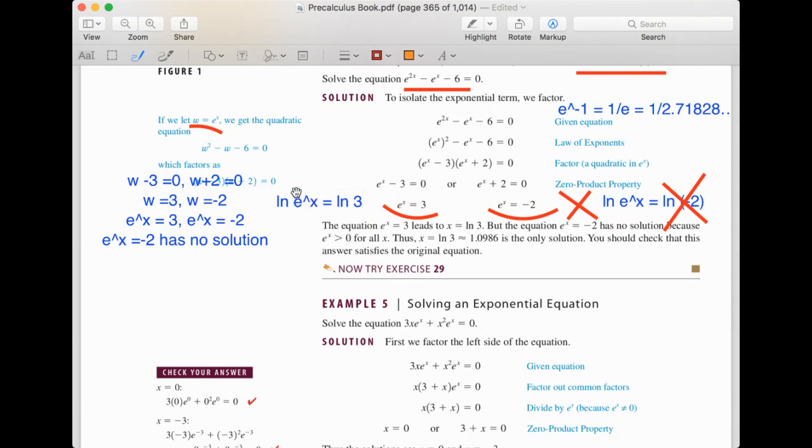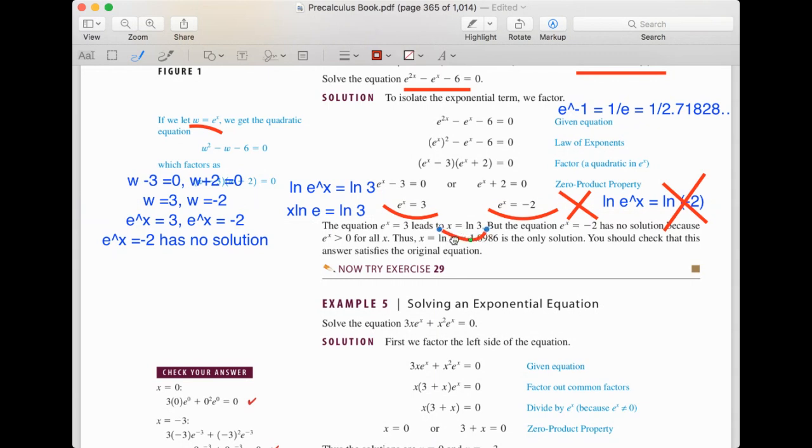We move x down in front of ln, so we have x times ln e equals ln 3. Again, ln e equals 1, so x times 1 is x. So x equals ln 3.